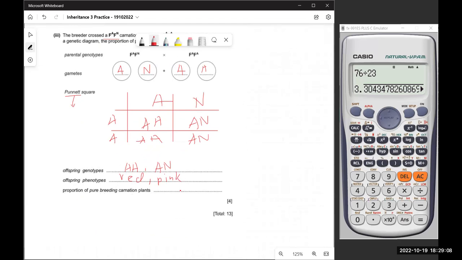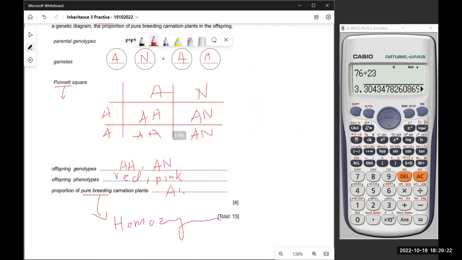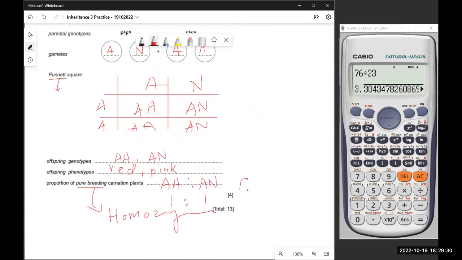Not white, not red, it's in the middle. Proportion of pure breeding carnation plants: what is the meaning of pure breeding? Pure breeding means homozygous from the same allele. So AA to AN, what is the ratio? It is 1:1. A proportion is 50%. So you can say 1:1 or 50%.